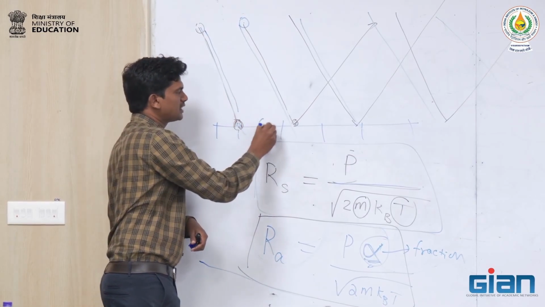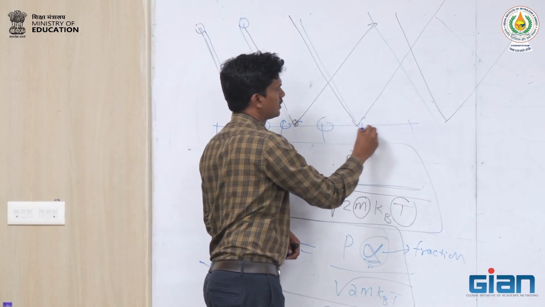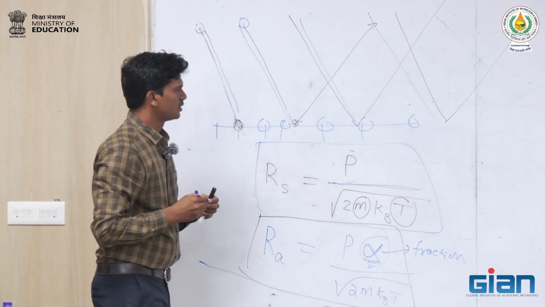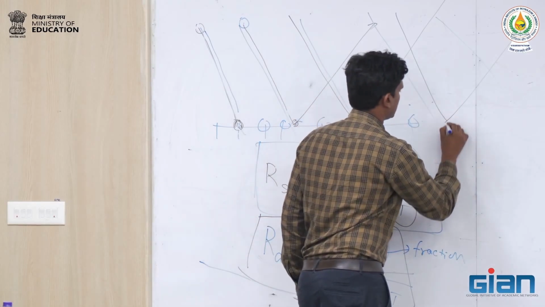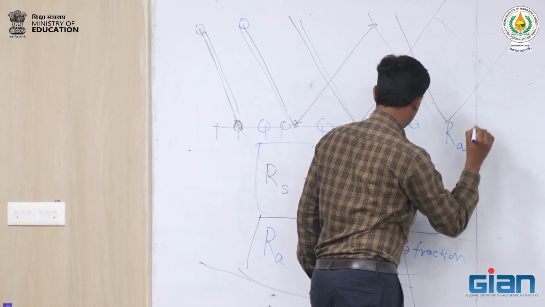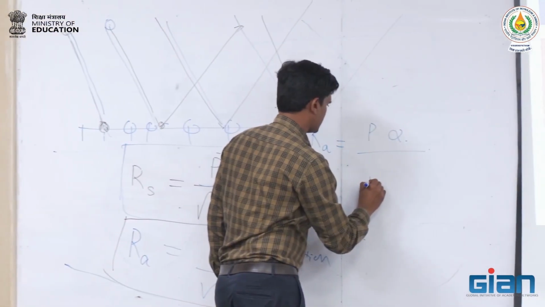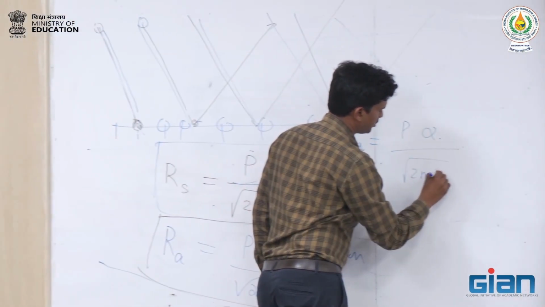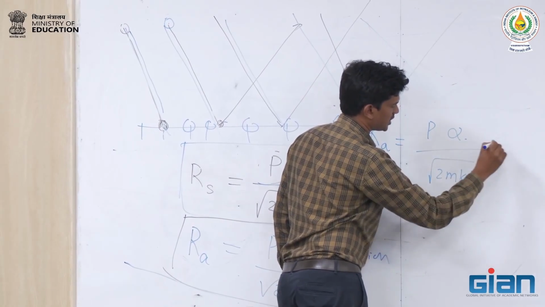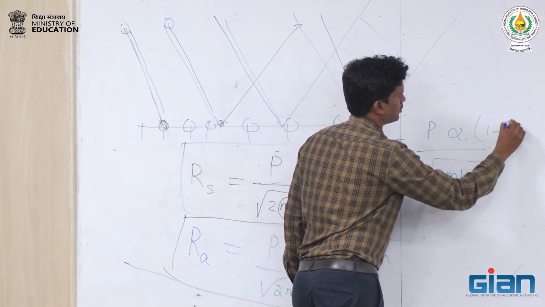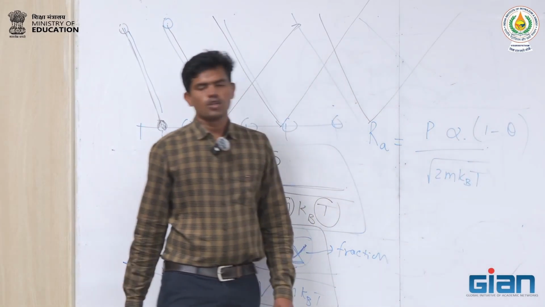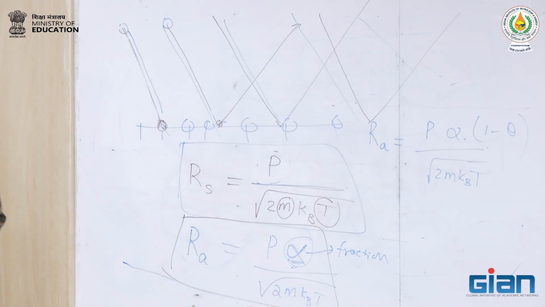So it can only sit in the other places. So for the second one, the rate of adsorption is P alpha over the square root of 2 pi m kBT, where kB is the Boltzmann constant and T is temperature, times 1 minus theta. So theta is the fractional occupancy.